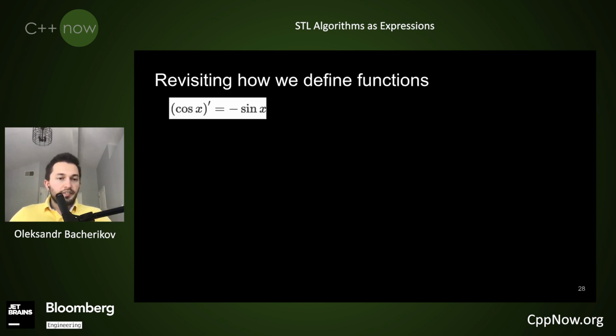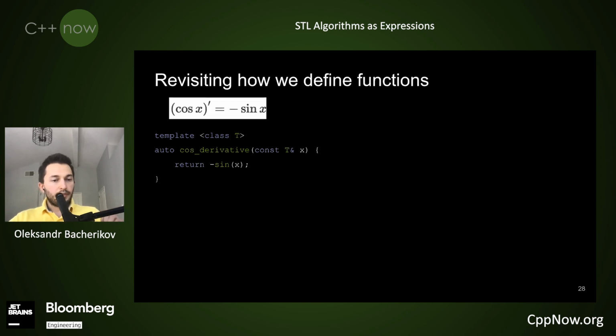Now let's recall a formula from some basic calculus for the derivative of cosine, and it's just minus sine. So how would we currently implement this function? Well, it can work for any floating point type, so it's natural to make it a template, looking something like this, and we should probably add the concept that applies only to floating points.